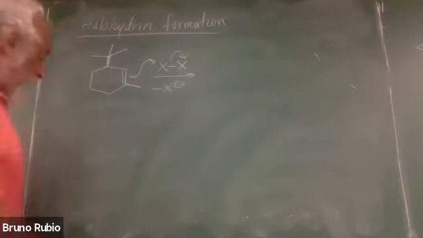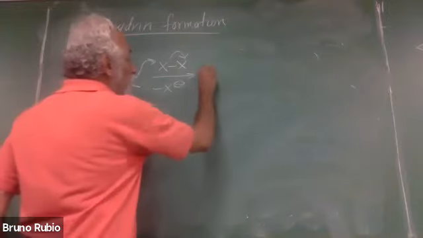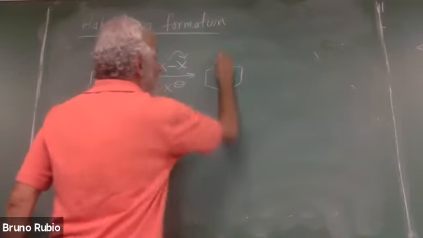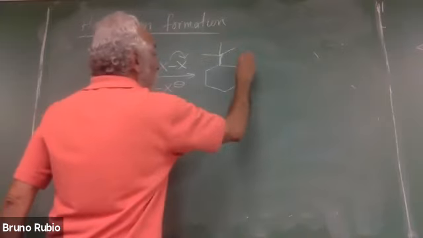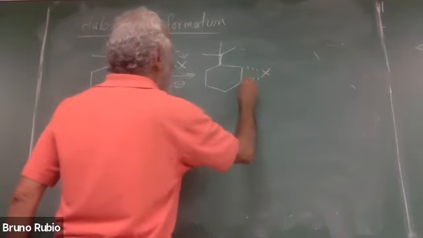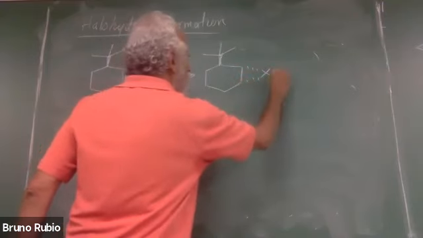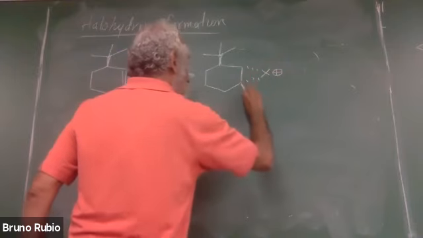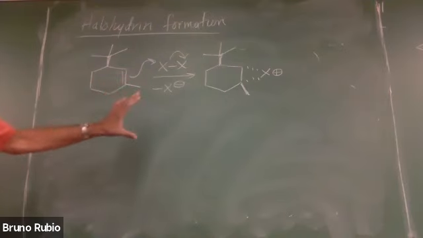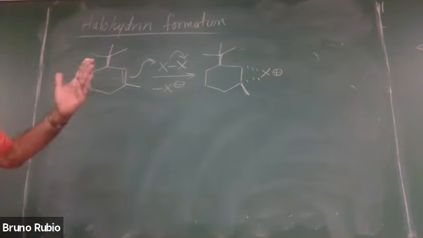So that means that cyclic halogen will form on dashes, just the less hindered side. Dash, dash, dash, X. Since the X plus is on dashes in the back of the molecule, that pre-existing methyl group got shoved to the front. It's now on a wedge.